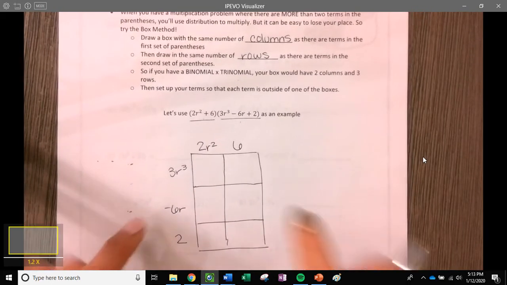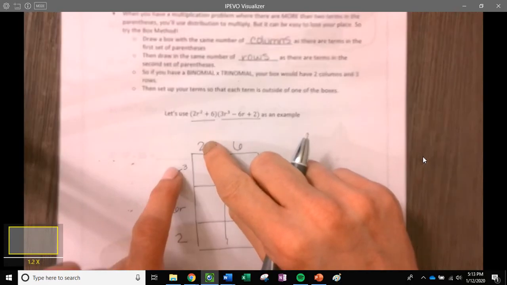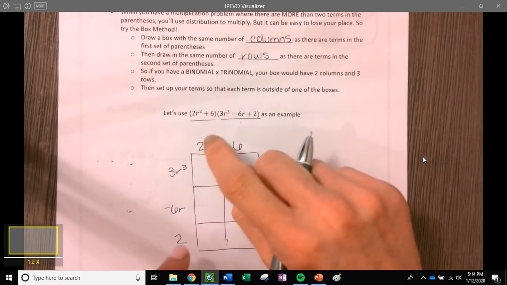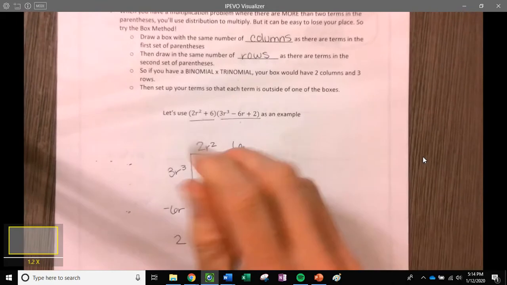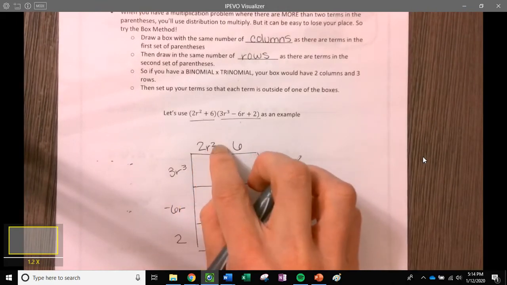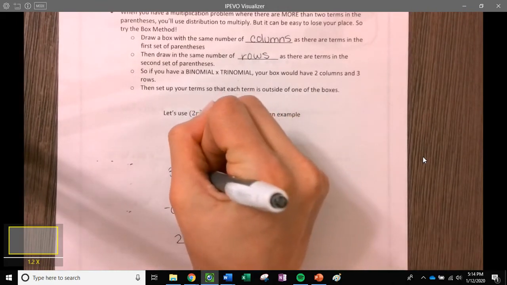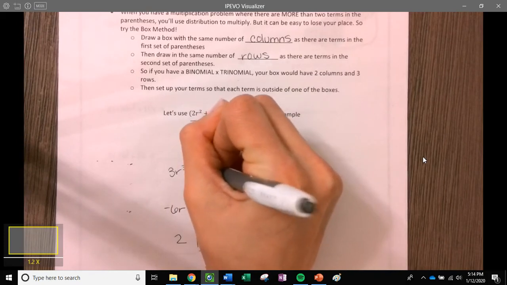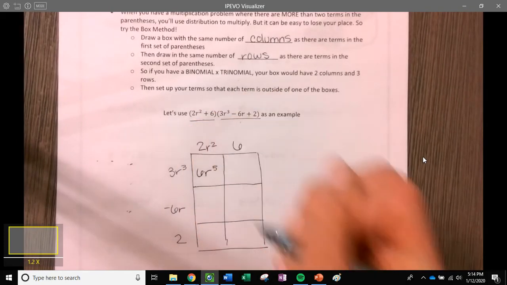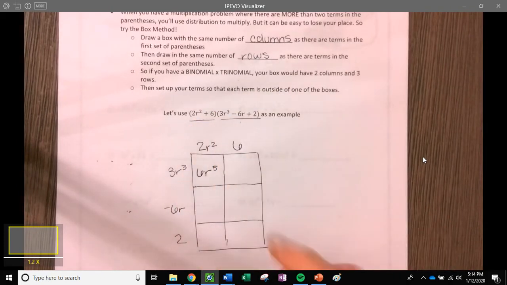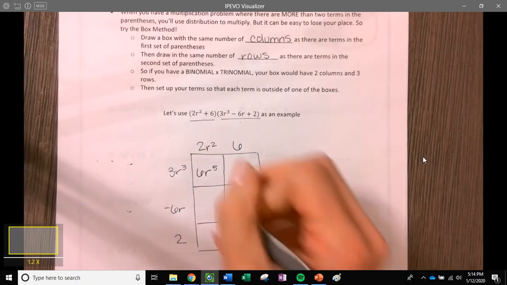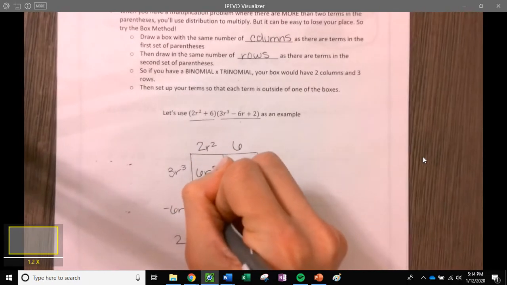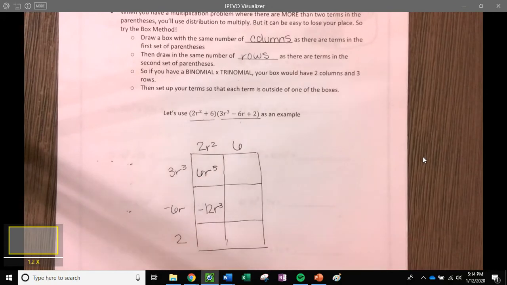Now we're going to go through and multiply the thing on the top by the thing on the side and put the product in the box and all the way down. So 3r cubed times 2r squared gives me 6r to the 5th, because 2 times 3 is 6 and we added our exponents. Negative 6r times 2r squared is negative 12r to the 3rd, because there's an invisible one there.